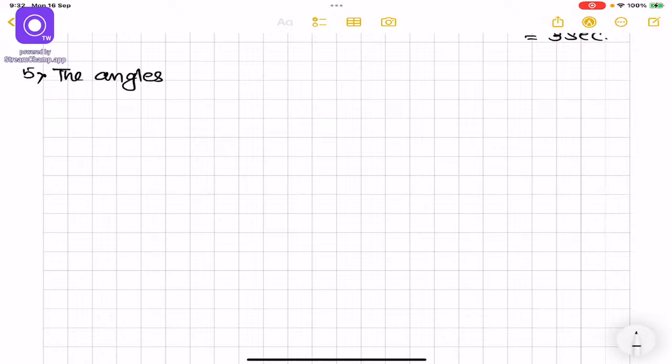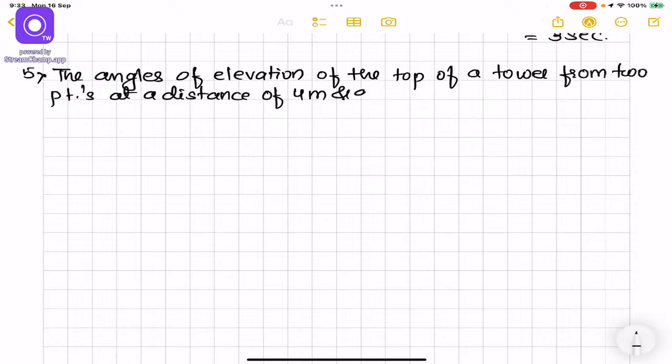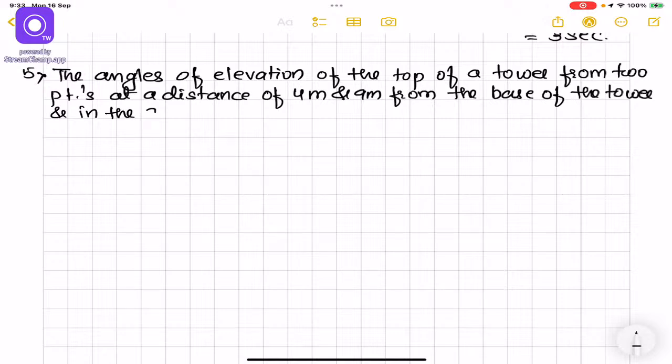The angles of elevation of the top of a tower from 2 points at a distance of 4 meter and 9 meter from the base of the tower and in the same straight line with it are complementary.